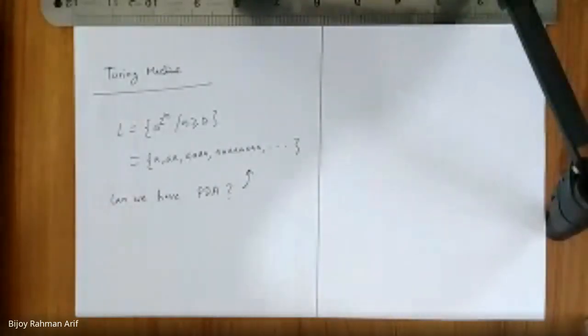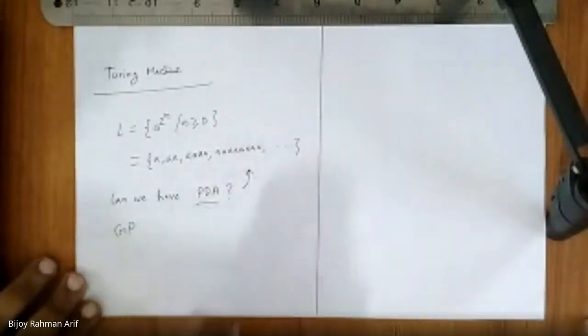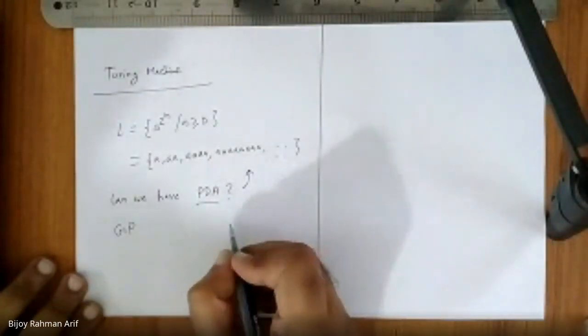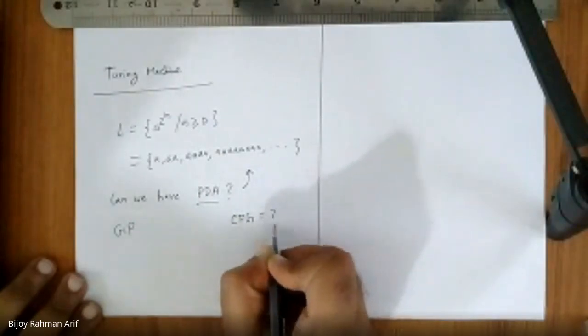Yes, it is a GP. Can we have a push down automata for this? How could this be possible? If there is a push down automata, definitely there is a context free grammar. What is the context free grammar for this?